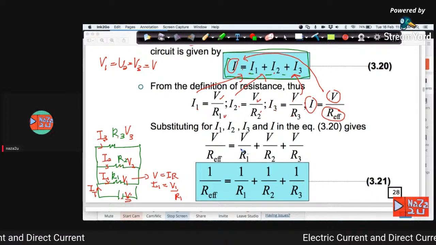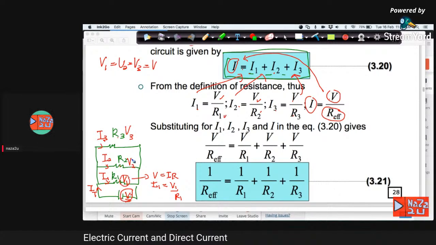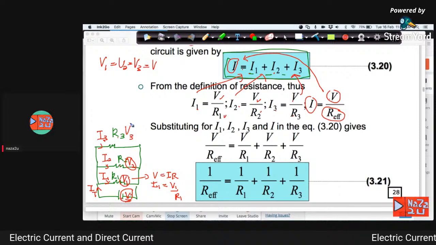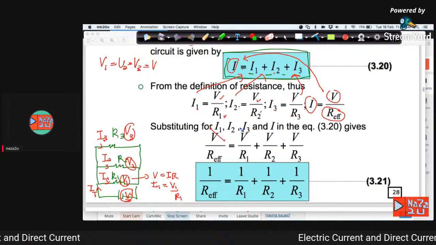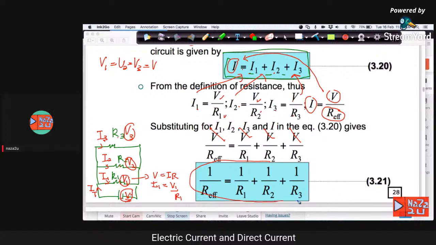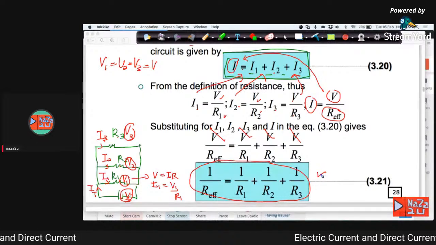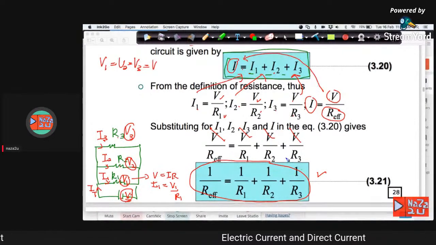Persamaan yang ni persamaan yang ni. Tetapi kita tahu voltage yang dibekalkan di sini sama voltage resistor 1, voltage resistor 2 and voltage resistor 3. So kita boleh cancel voltage ini. So yang tinggal adalah persamaan ni. Right? So this is the equation how you can find the total or effective resistor for the parallel circuit.